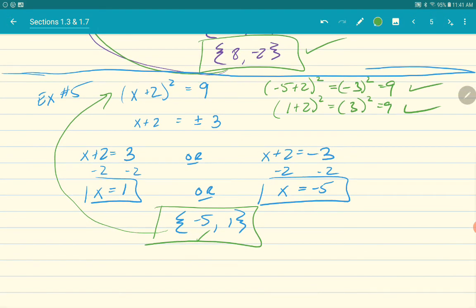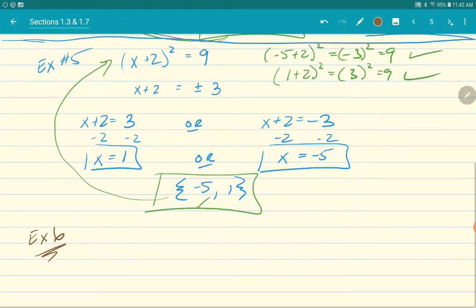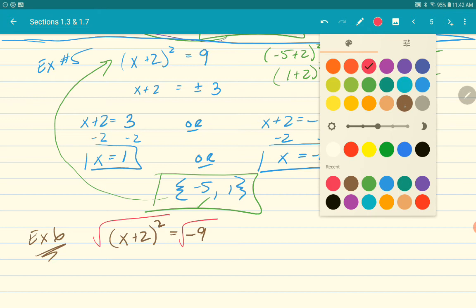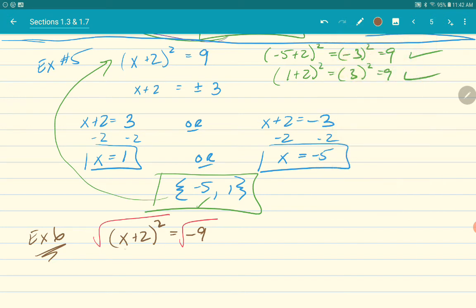All right, let's do another example. Example 6, because I wanted to do a complex one. So I'm just going to do that same example, except make it complex by making this a negative 9. So now I have a square equals negative, which tells me I'm going to have an i in there. So when I go to take the square root of both sides, on the left, the square and the square root cancel, and I get x plus 2.